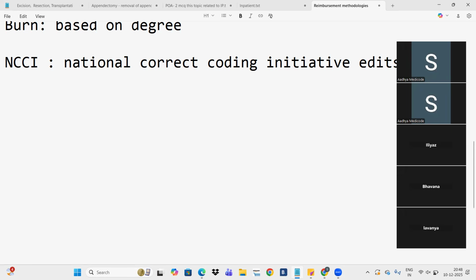These edits should be used for the selection of CPT, sir. While we are coding multiple CPT procedures. Okay, these are the procedure to procedure edits.